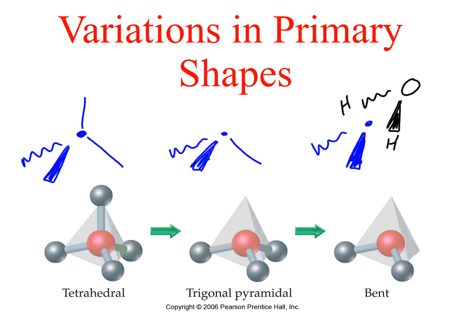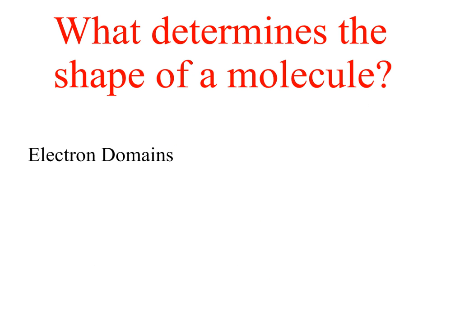So the next question would be, well, what determines the actual shape of the molecules? Well, what we need to do is consider the number of electron domains that are around the central atom. So if we looked at an atom, for instance, and we were going to put 2 electron domains around it, 2 groupings of electrons, obviously those electrons being negative are going to repel each other.